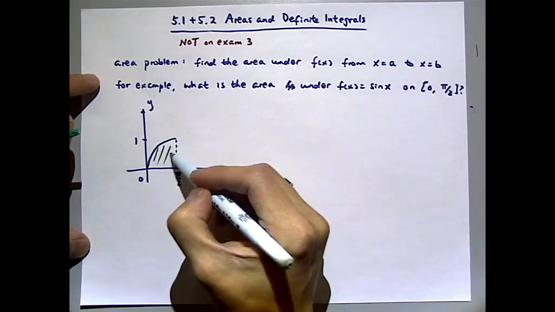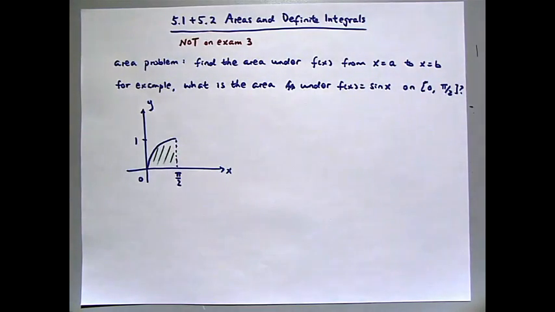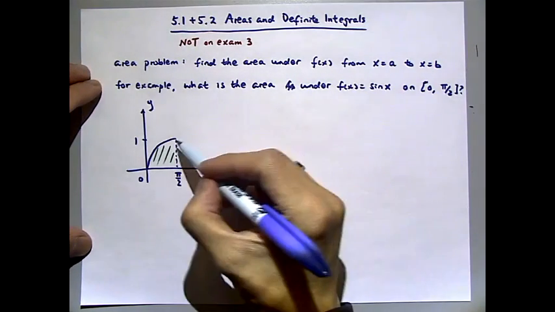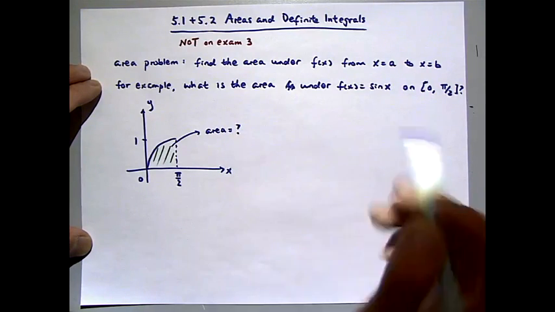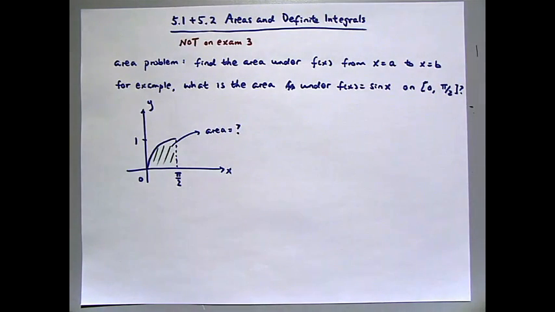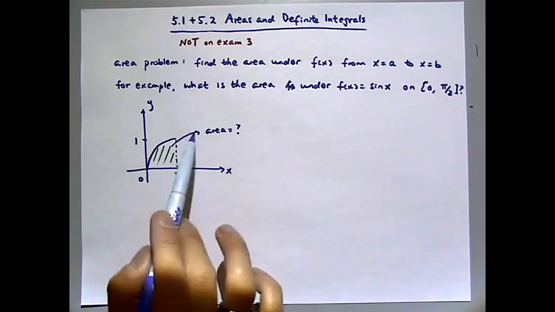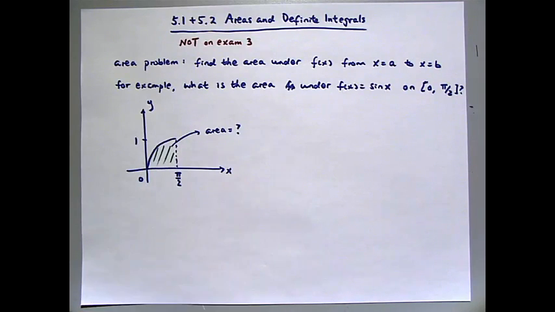So this almost quarter-circle kind of region is what we're interested in. If this were an elementary shape, like a square or triangle, we could find the area very easily. But this is not. There's a curved portion on the top. It's not exactly a circle. So finding the area is a little bit more complicated.